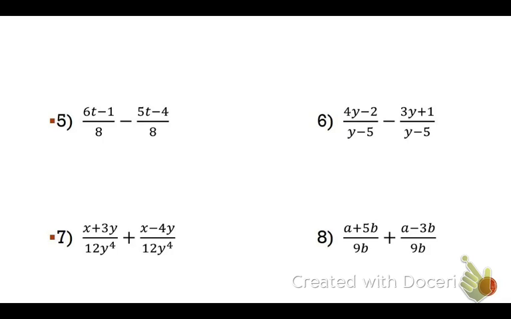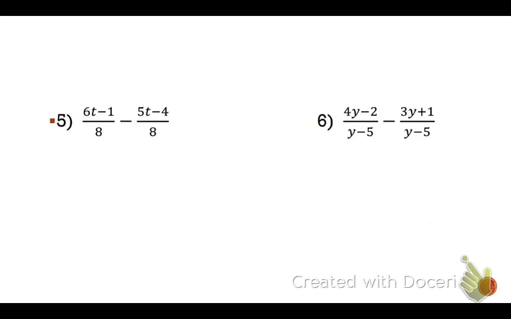All right, on number 5, I'm just going to go ahead and take away 7 and 8 for a minute. If you still need those, they'll come back. Number 5, my denominator is going to stay, for now at least, 8. I have to take my first numerator, 6t minus 1. What operation am I doing this time? Subtracting. So I'm going to use parentheses on my second numerator.